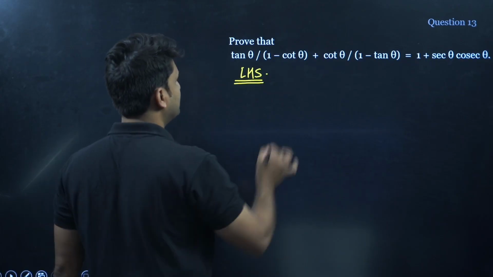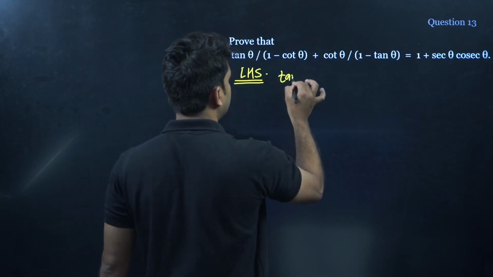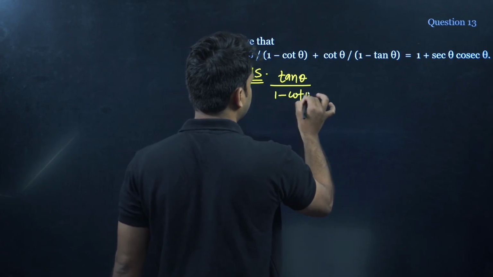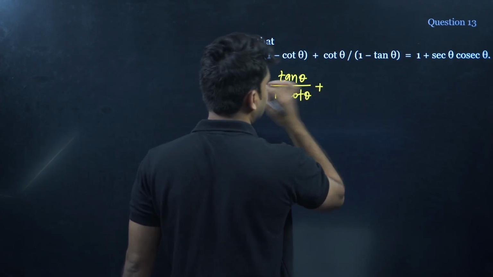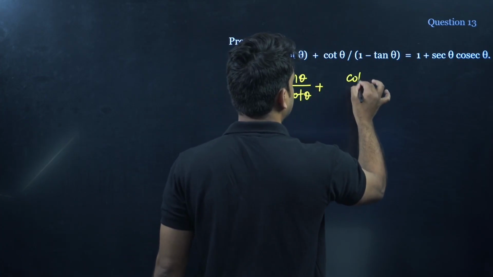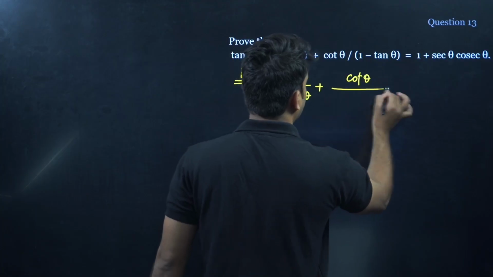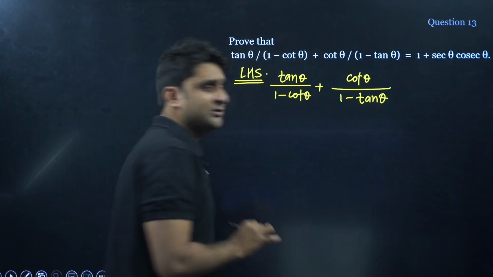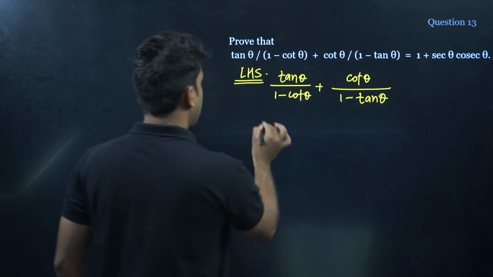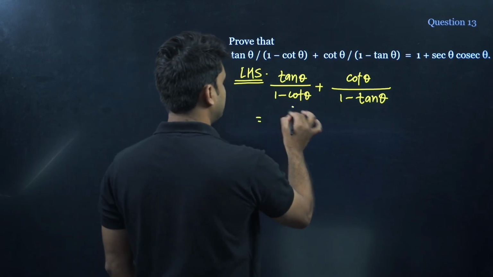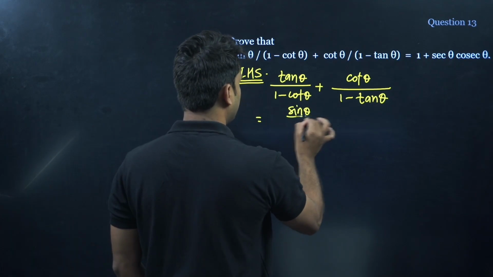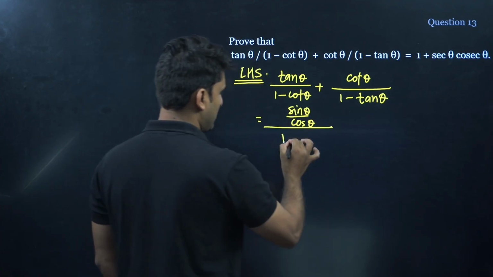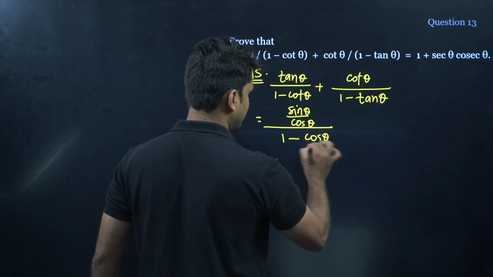Let's write the question first. Tan theta divided by 1 minus cot theta, plus cot theta divided by 1 minus tan theta. This is the question, guys. Clear? Now, we can convert tan theta into sin theta by cos theta, and cot theta can be written as cos theta by sin theta.